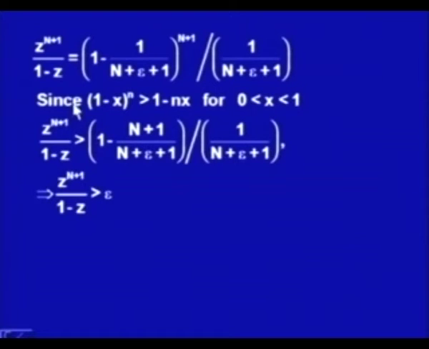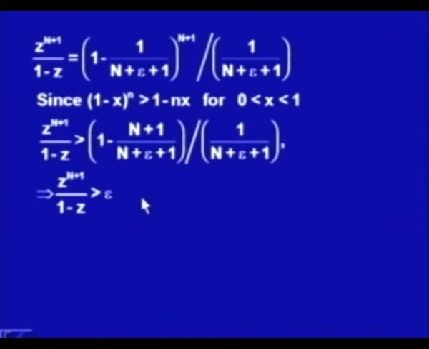From here we may notice that 1 minus x raised to power n is greater than 1 minus n x when x lies between 0 and 1, and this gives me z raised to power n plus 1 upon 1 minus z is greater than this expression. Or if we further simplify, z raised to power n plus 1 over 1 minus z is greater than epsilon.